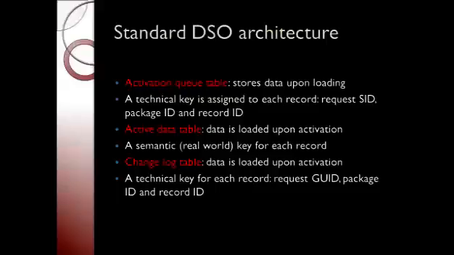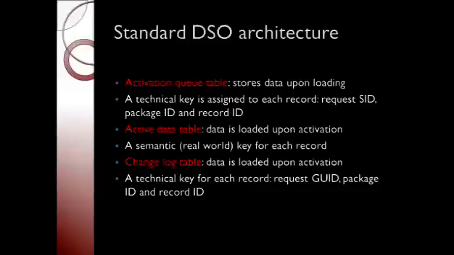And for each load or request, it may have several data packages. So each package is identified by an ID. And within each package, you then can have several records. So each record is identified by an ID as well. Okay. So for each record, the unique technical key is made of 3 fields.